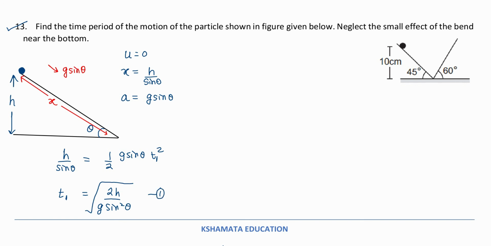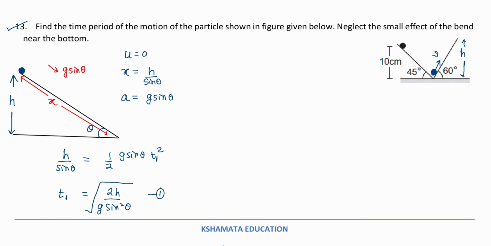Now the particle will reach the lower end with a certain velocity, and we are neglecting the small effect of the bend, and the particle is going to climb on the other inclined plane with the same velocity, and it will reach the same height if we deal according to the conservation of energy statement.